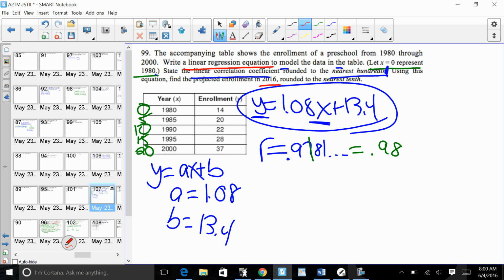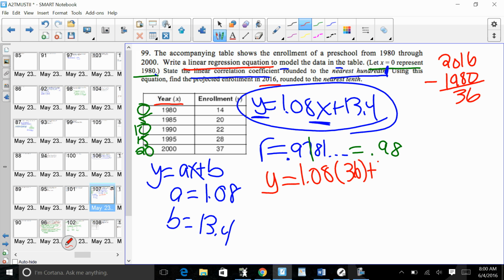There's another question. Using this equation, find the projected enrollment in 2016. Well, 2016 is X because that's the year, but I'm not going to type in 2016 because, again, X is years since 1980. So I'm going to do 2016 minus 1980, which is 36, and that's what I'm going to sub in for X. So it's going to be y equals 1.08 times 36 plus 13.4.